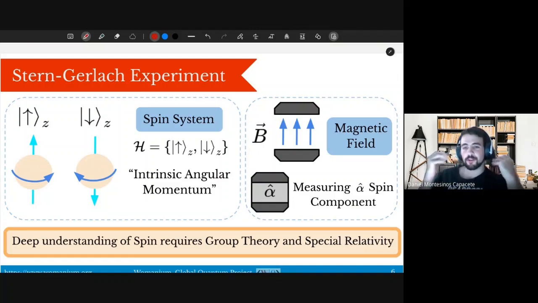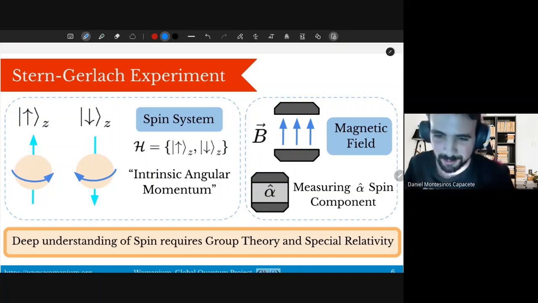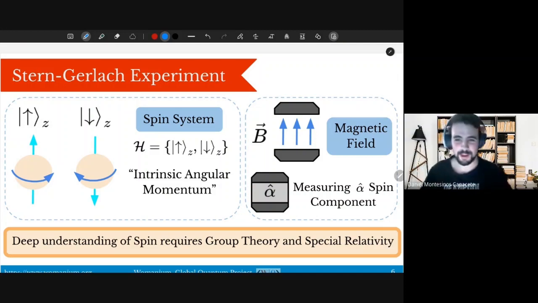But normally, in order to get some physical sense of the spin, we usually say that the spin has to do with a ball, right? This is funny because when physics people talk about the spin, they say, okay, imagine a ball that is spinning one way or the other way, but it's not a ball and it's not spinning.